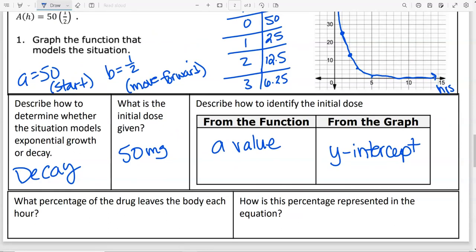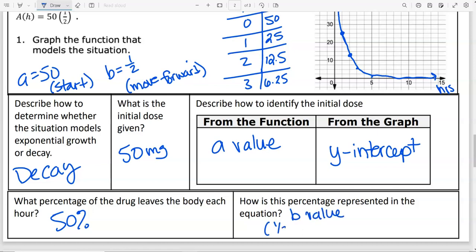What percentage of the drug leaves the body each hour? What is half? 50%. 50% of the drug leaves the body each hour. How do I know that looking at the equation? It's our B value.